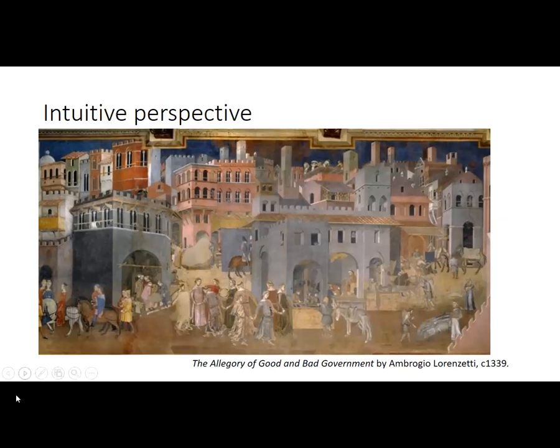Okay, so we're going to look at something that I'm not going to spend a whole lot of time on, but an idea of intuitive perspective. This is a piece from around 1339, The Allegory of Good and Bad Government by Lorenzetti. And basically, this shows a cityscape, a whole bunch of buildings.